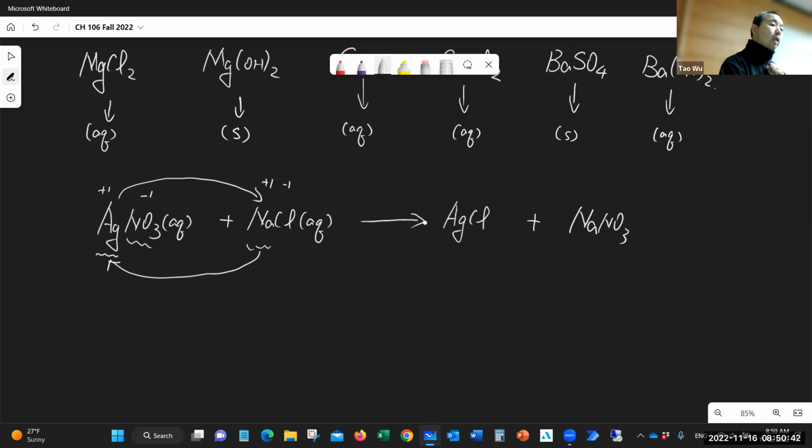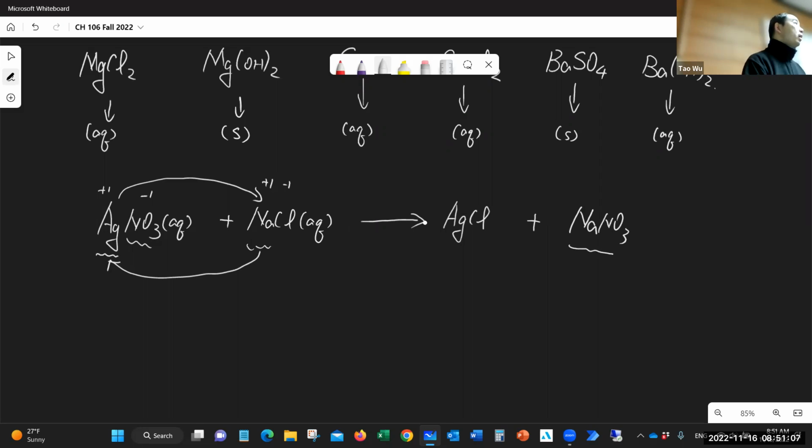Okay, so now you've written those two products. Which product will be the precipitate? Then what are you going to do? The solubility chart will help you, or you can just use the solubility rules.